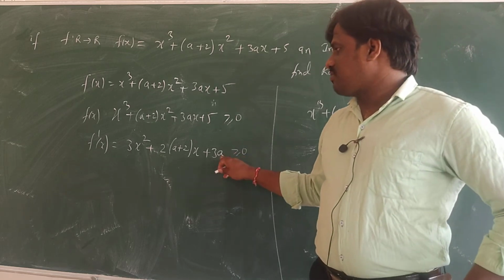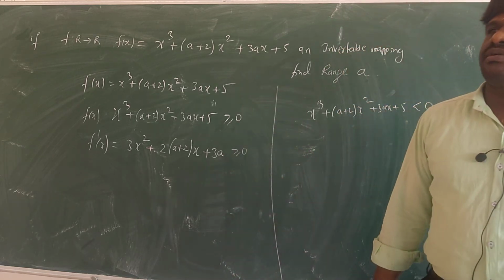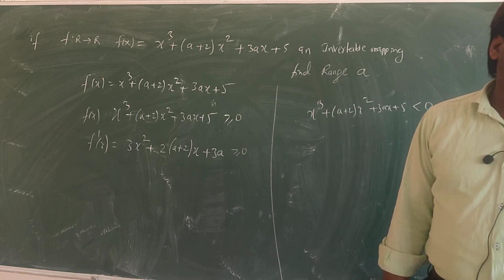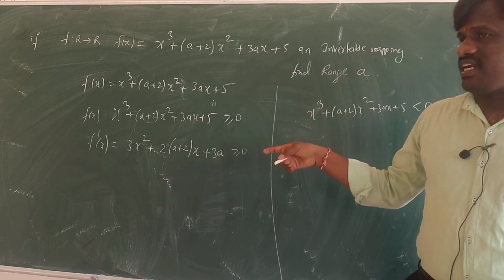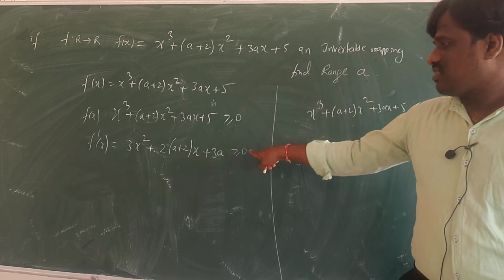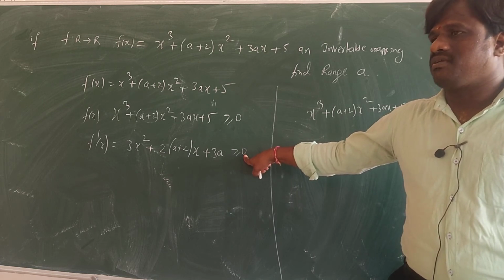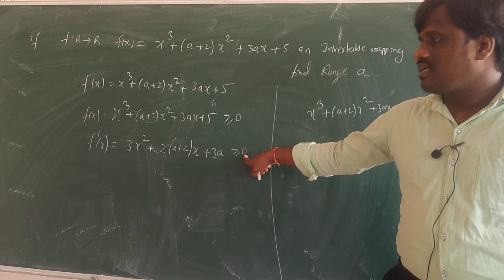Now for this case, if this is greater than 0, then what discriminant do I have to take? A greater than 0, and quadratic greater than or equal to 0, then discriminant D will be less than 0, right?